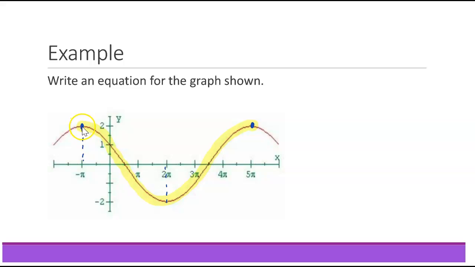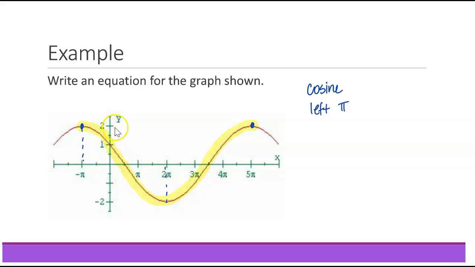On the y-axis, I'm not starting at the amplitude. It looks like everything shifted to the left. So I'm going to say this is a cosine graph, but one that was shifted to the left. So cosine, shifted left pi units.